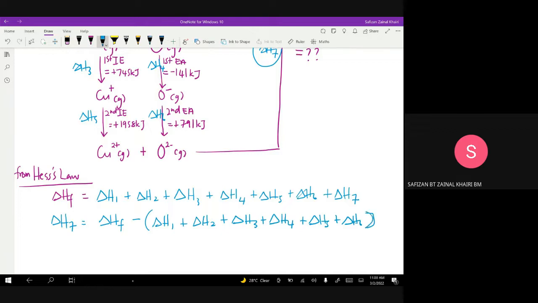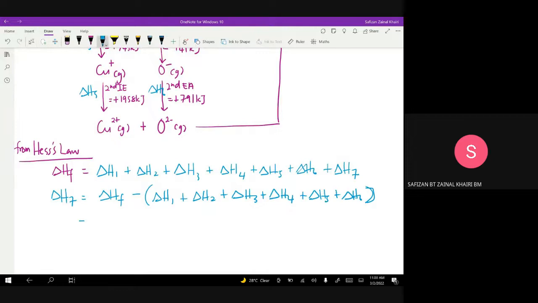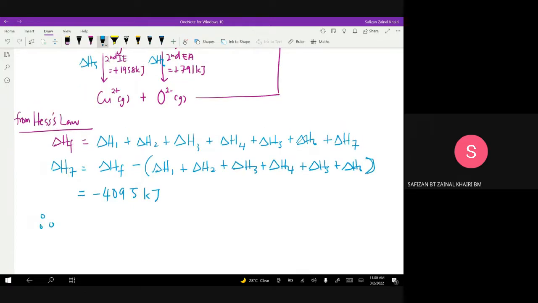Okay. So you just substitute the values, semua nilai-nilai tu berapa, kamu akan dapat nanti at the end negative 4095 kilojoule. So means that the lattice energy of copper oxide is equal to negative 4095 kilojoule per mole.